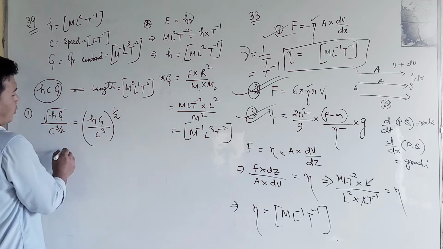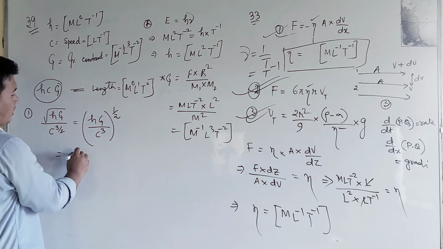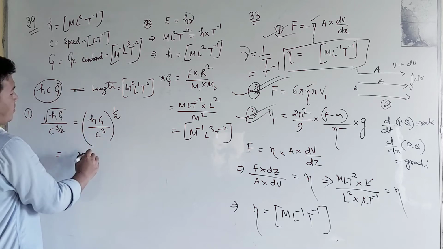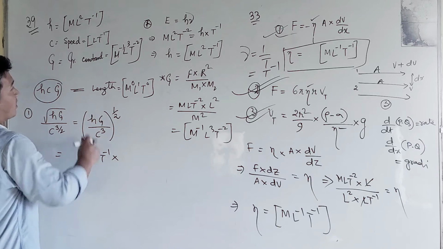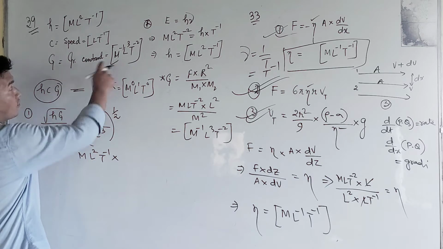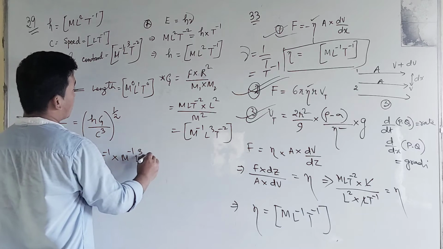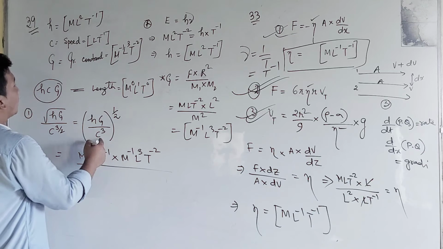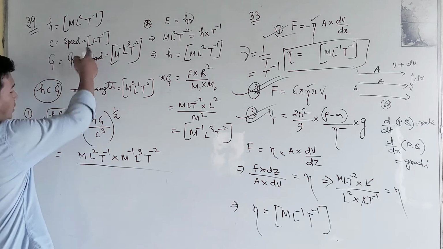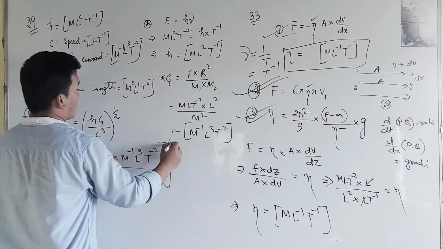We just put the values here. What is the value of h? The dimension formula is M L squared T inverse 1, into the gravitational constant, whose dimension formula is M inverse 1 L cubed T minus 2, divided by c cubed, all to the power 1 by 2.